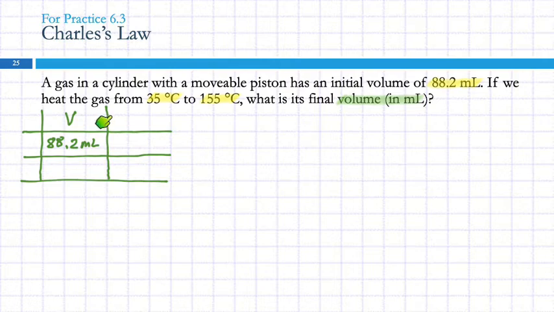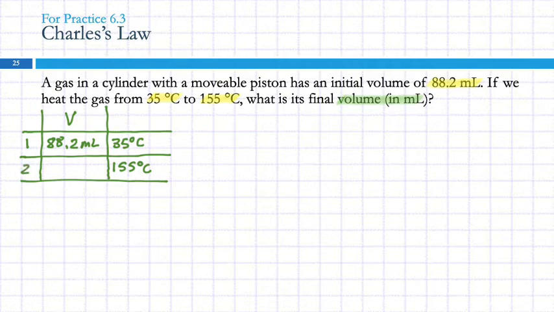Now it says if we heat the gas from 35 to 155. This says this was the initial volume, so that would be at the first temperature. So this is the first set of conditions. So this is 35 degrees Celsius, and it goes to 155 degrees Celsius.